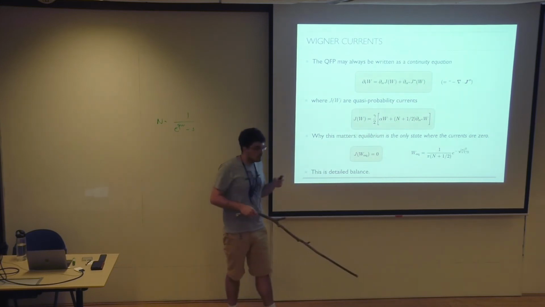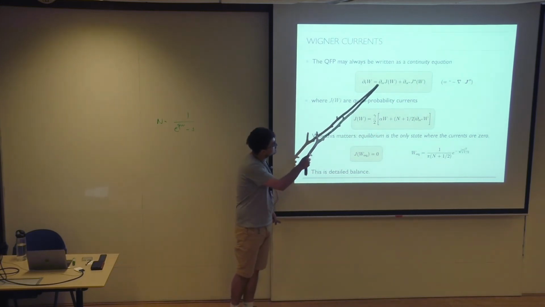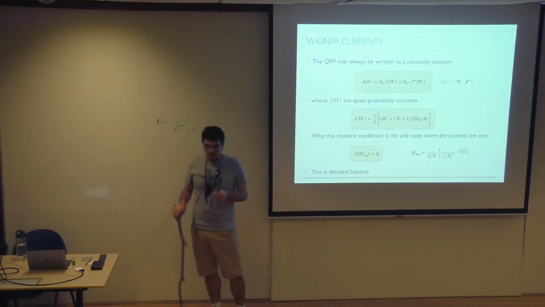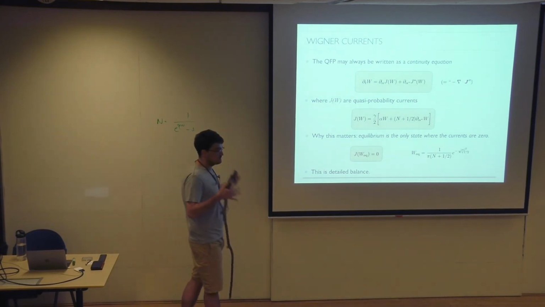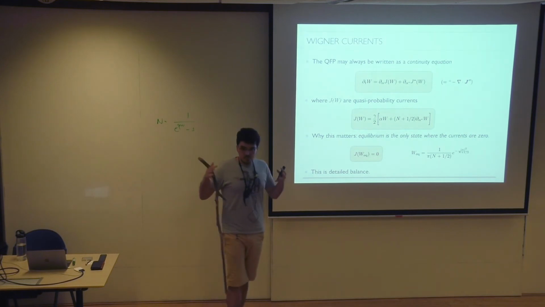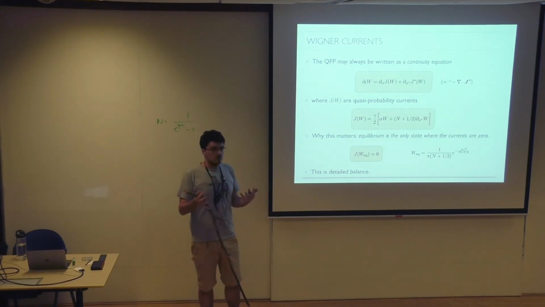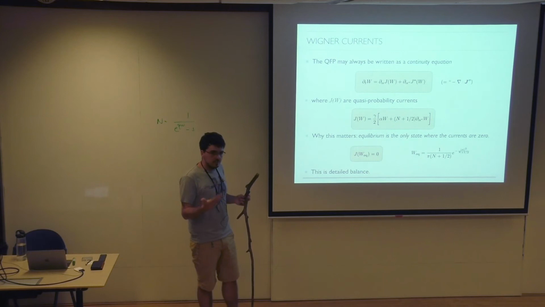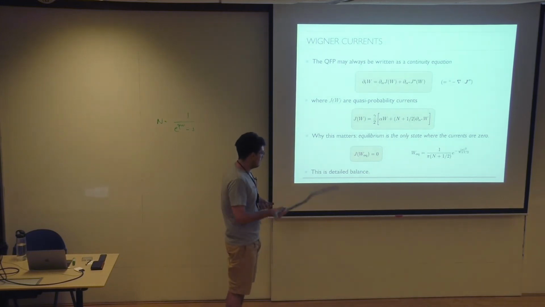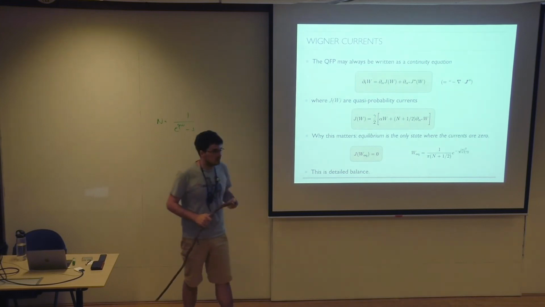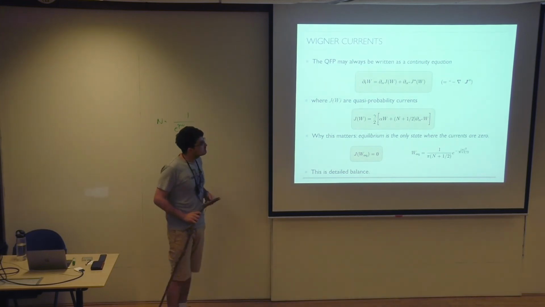That would be a steady state. But here it is stronger. You're saying that the currents individually are 0 in equilibrium. So we can actually define thermal equilibrium, so to speak, as the state that has 0 current. It is the state where, if you put the system there, no currents flow in phase space. And I think that has a very neat physical interpretation. It's essentially this notion of detailed balance in terms of Fokker-Planck equations.